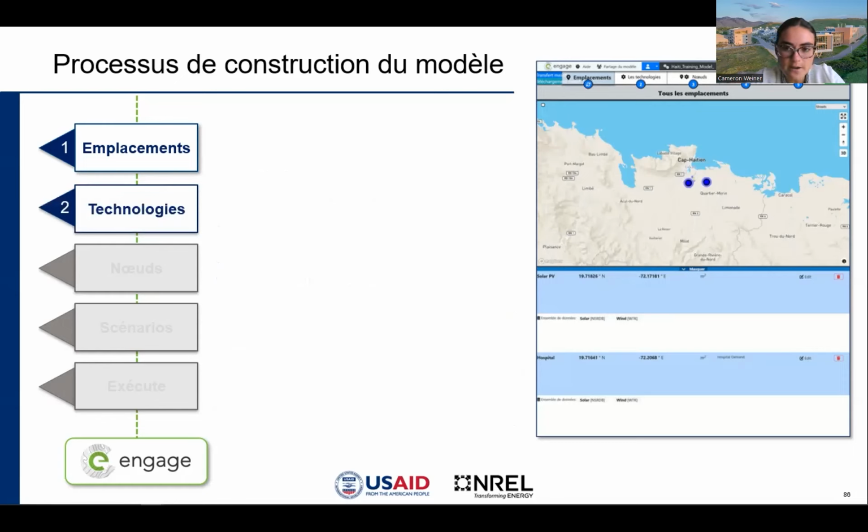Since we've already saved our technologies, as we continue moving along those top tabs, we can now skip over the Technologies tab and move to the Nodes tab, which is the third step in our model building process.